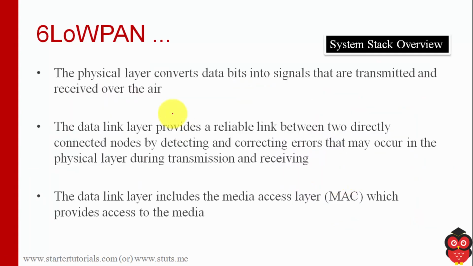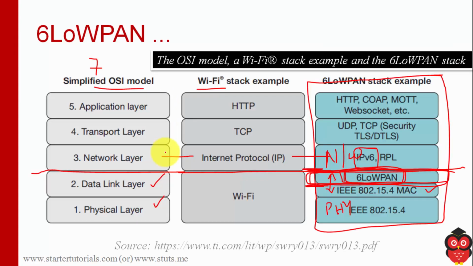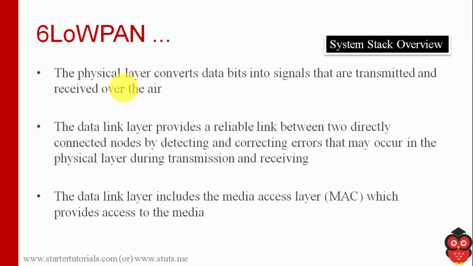Now, some points about all these layers. The responsibility of the physical layer is to convert data bits into analog signals. Those signals will move through air, that is wireless, or through Ethernet, a wired connection, whatever it is.